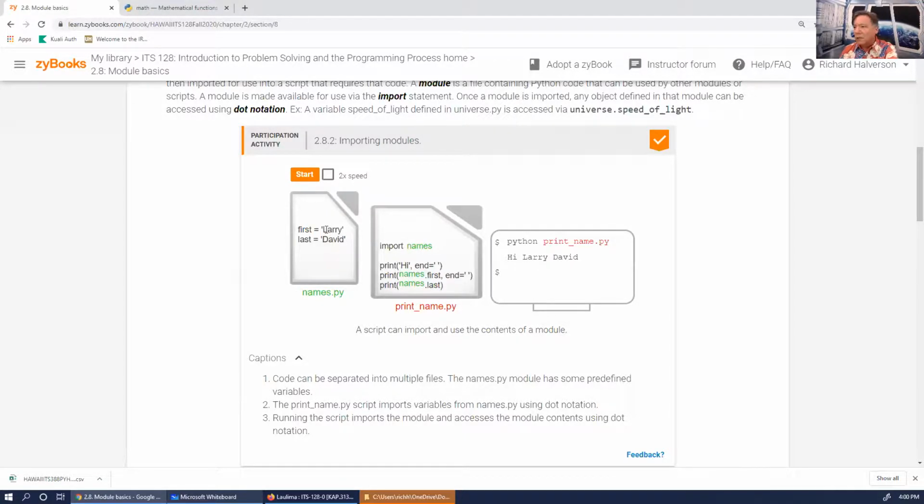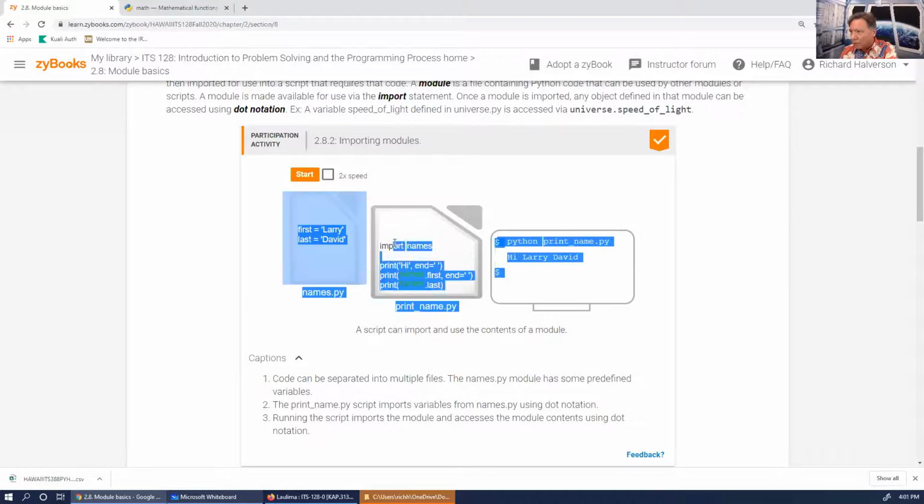It assigns the variable first to the string Larry, and last to David. Once imported, it's as if those two statements are right there.